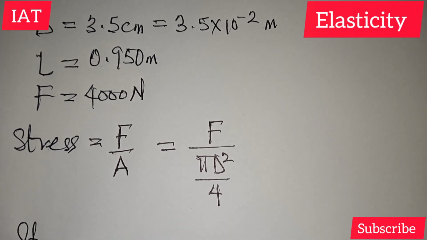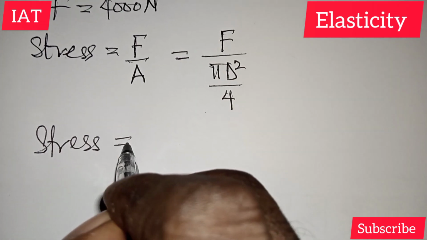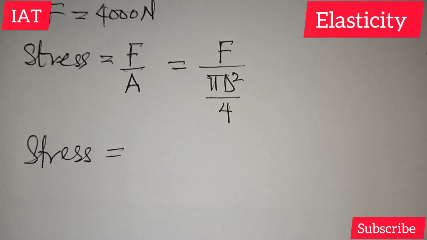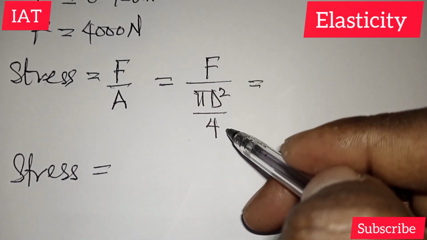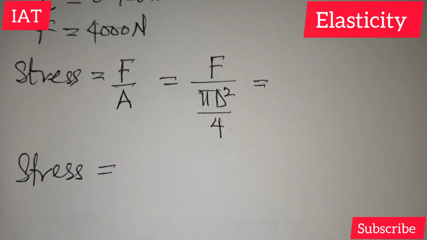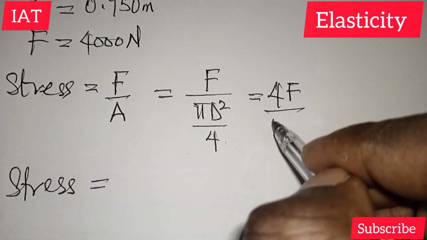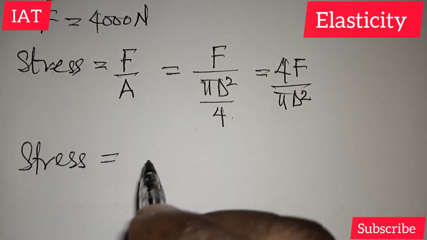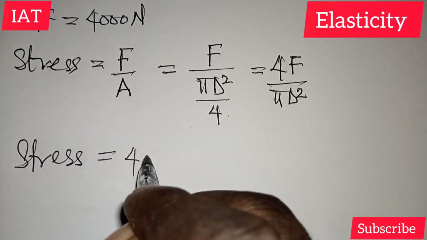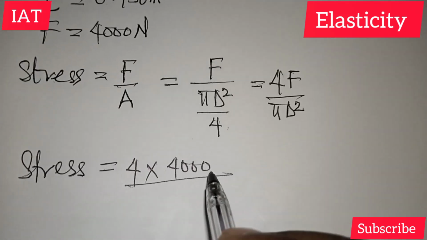So at this point, stress will be equal to the force given in the problem. Of course, you can tweak this using fractions, so this is the same thing as 4F all over pi d squared. It makes it easier for us. So we have 4 times the force, 4,000, divided by pi.